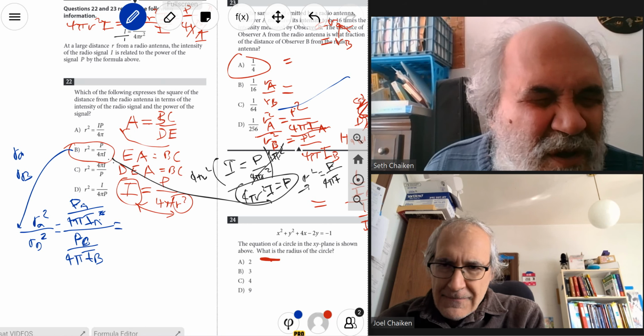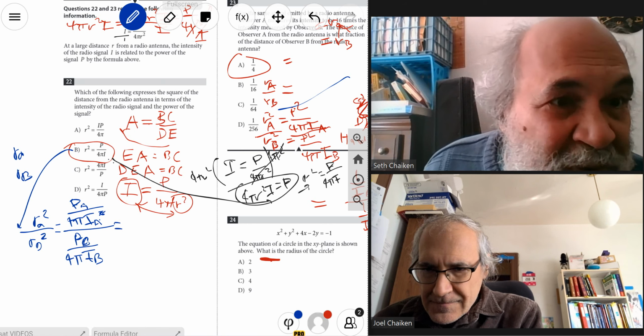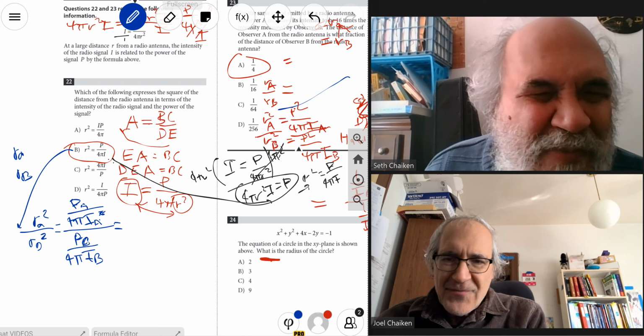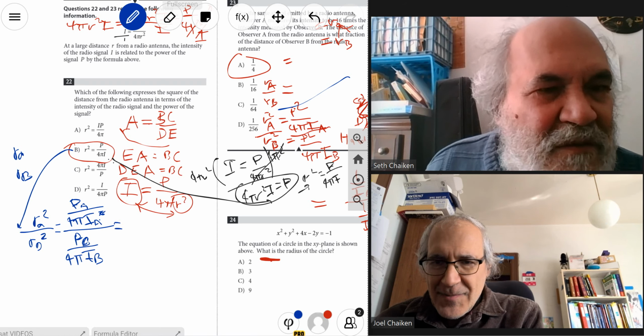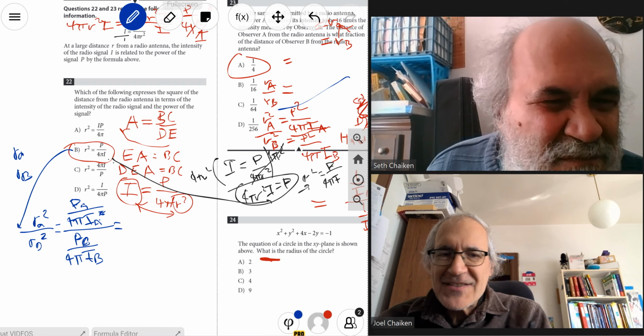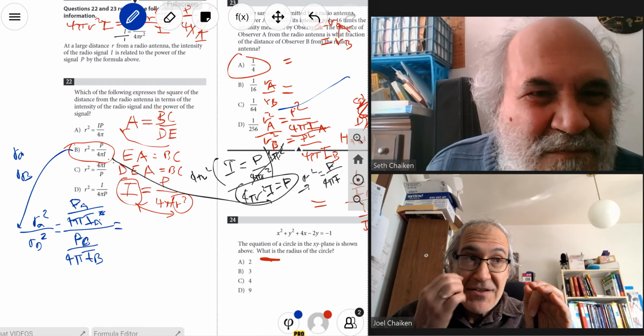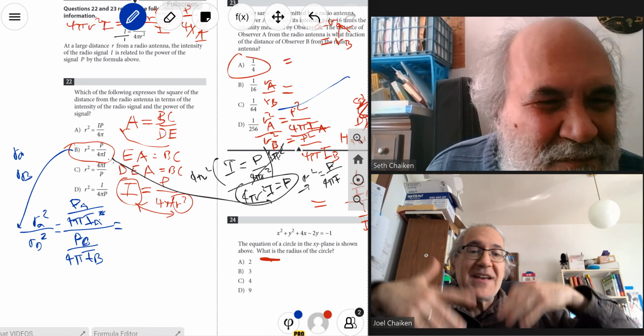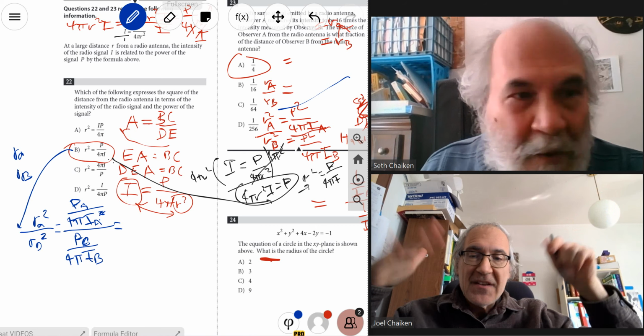Shouldn't we recognize that PA equals PB? Of course. PA and PB are the same because it doesn't change. The NBC is still broadcasting out at a megawatt or something, so it doesn't matter.